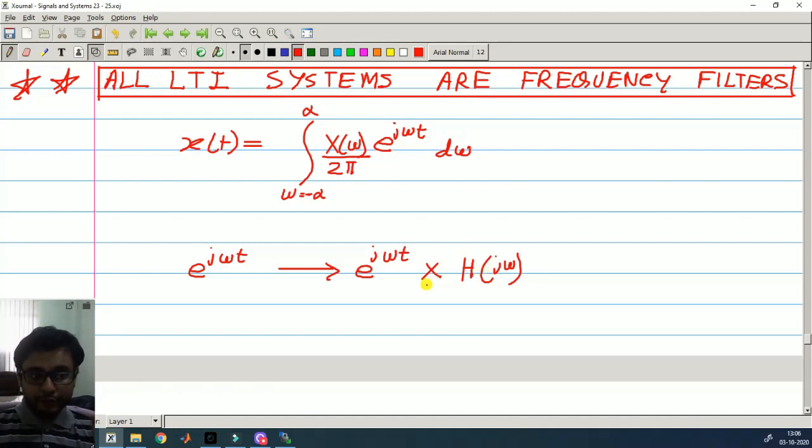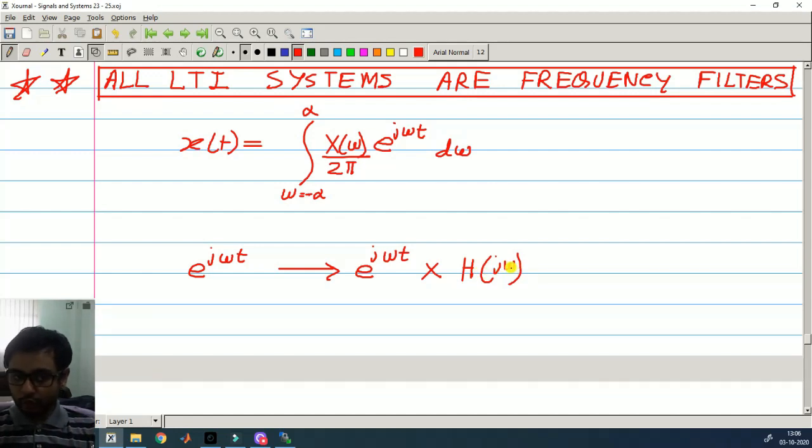Now if the value of H(j omega) is large, then the output will be large. If this value is small, the output will be small. H(j omega) depends on omega.